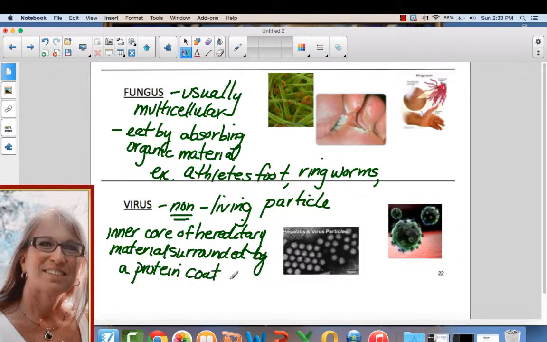And we can't use antibiotics on viruses. They can only, this is really important, they can only reproduce if they're in a living cell.